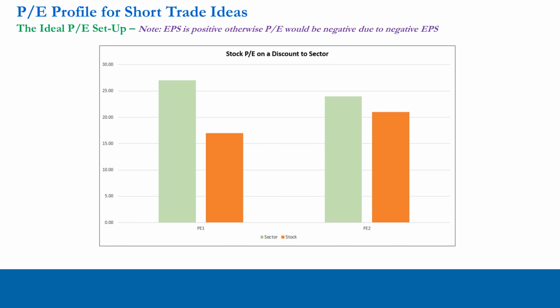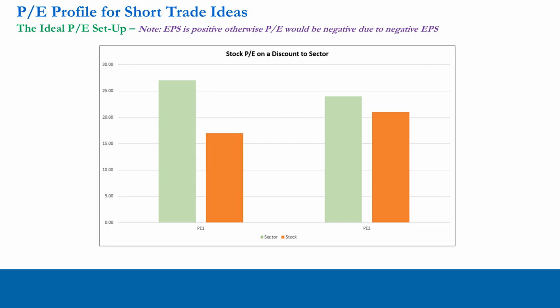We have sector EPS rising, therefore we have a lower PE2 than PE1 for the sector. And for the stock, we have EPS falling, therefore we have a higher PE2 versus PE1 for the stock. But the stock's PE is on a discount to the sector in both periods.